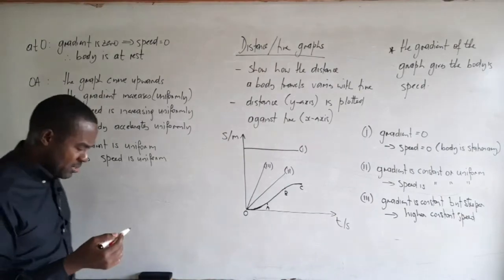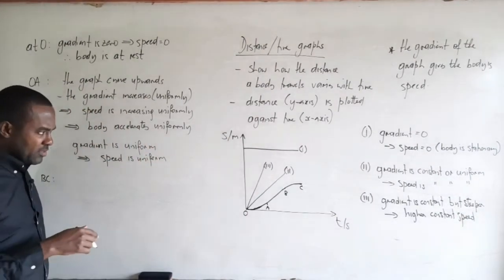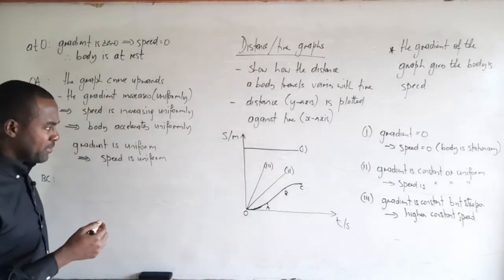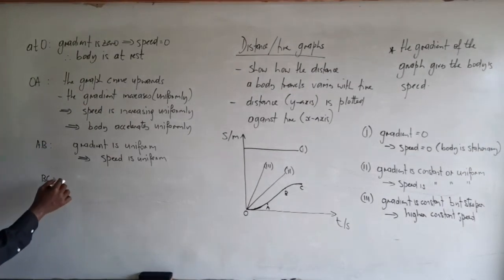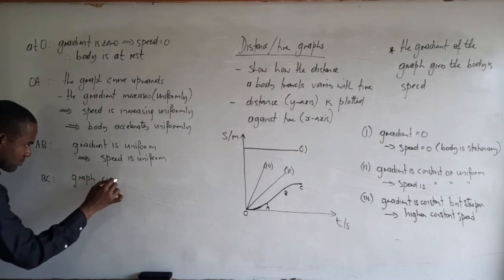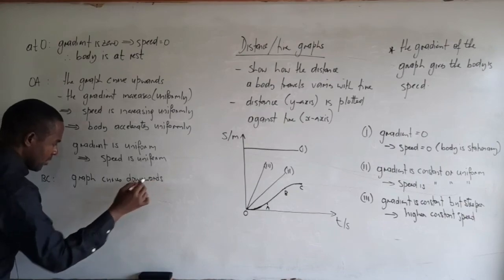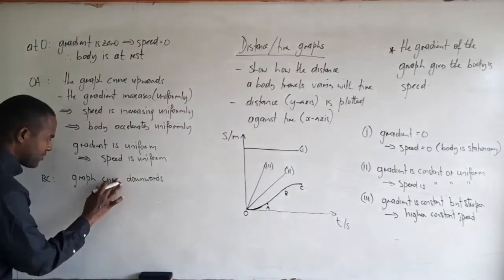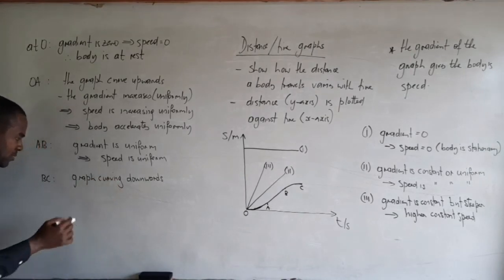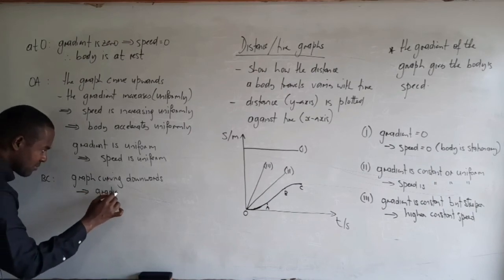Now BC, from B to C, the graph starts to curve. It's becoming less steep, right? So it is becoming less steep. So the graph curves downwards. The graph is curving downwards, right? This means that the gradient of the graph is decreasing.